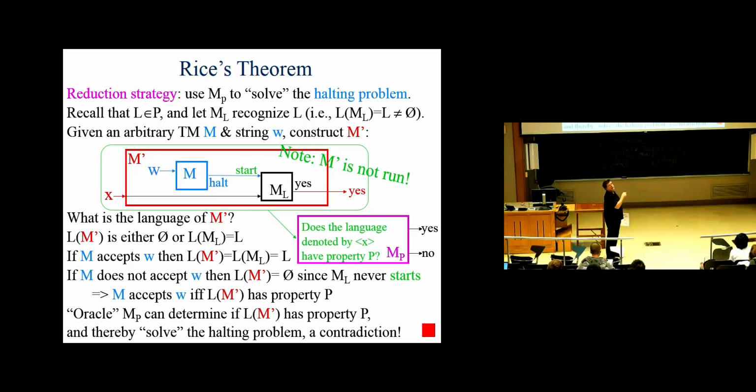This could still be triggered, M can halt on W, and it would still be empty, and you'd have no way to disambiguate these two cases. And it won't tell you what M did on W, because the language of M prime will be empty whether M halted on W or M didn't halt on W. So you won't have a way to disambiguate, and same thing for the other case. You won't have a way to disambiguate the two. And so the universe wouldn't implode on itself, you wouldn't get some big contradiction, you just get a non-proof. It won't apply to that case. Does that help shed light on what you asked?